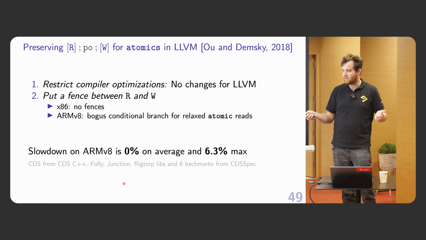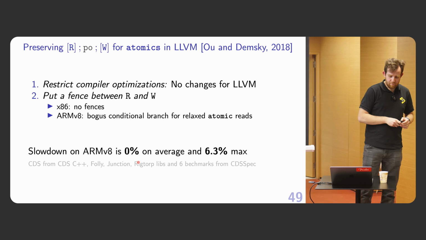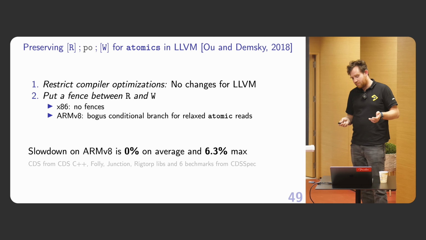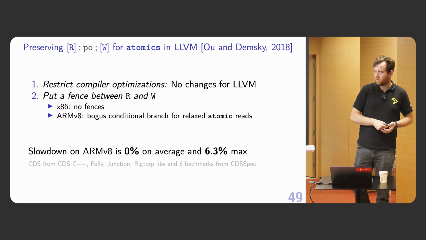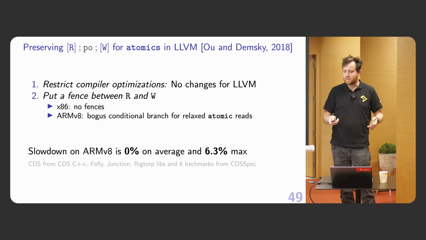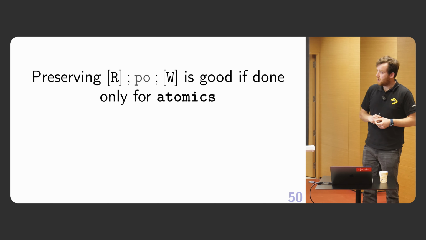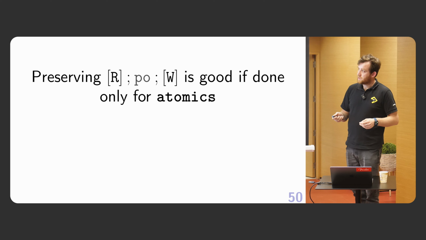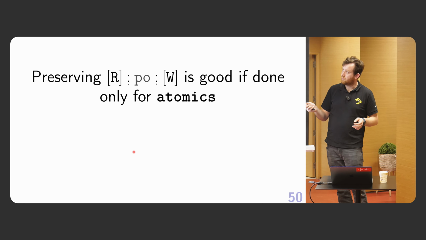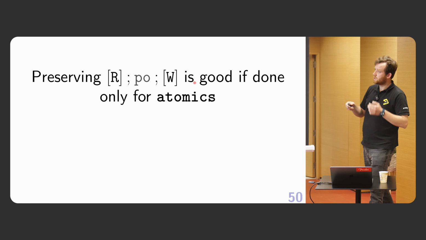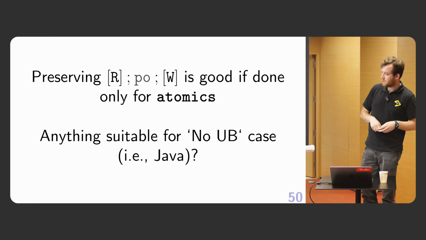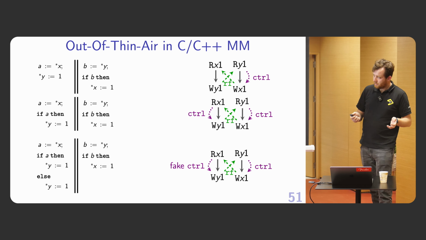On average, there's nothing you have to pay. For C++, it could still be problematic because people would like to be able to write as fast as possible on bare bones, right? So in a sense, preserving this read-to-write order is good for atomics, but what about Java?